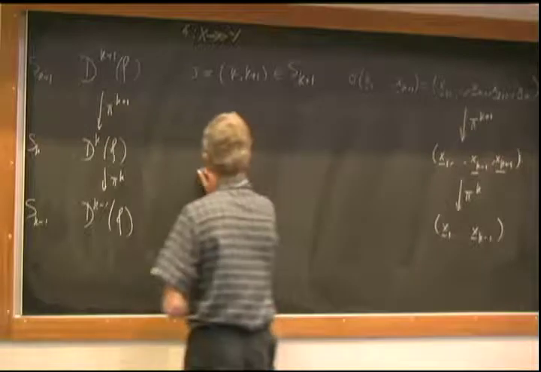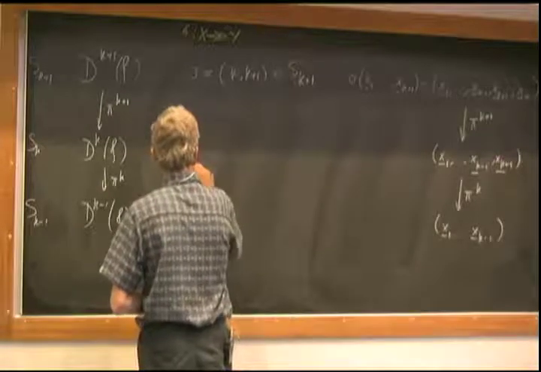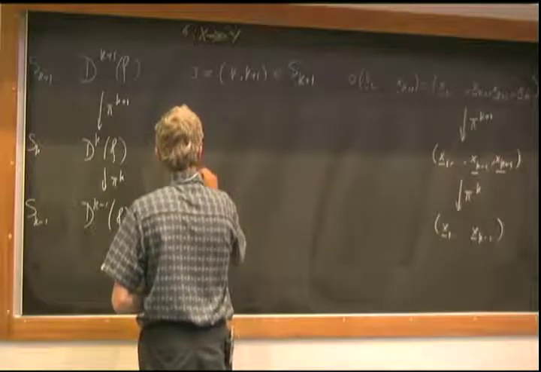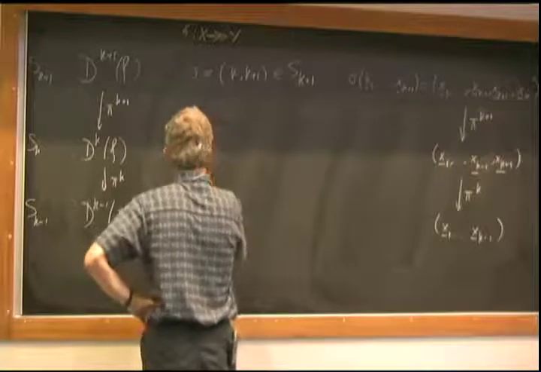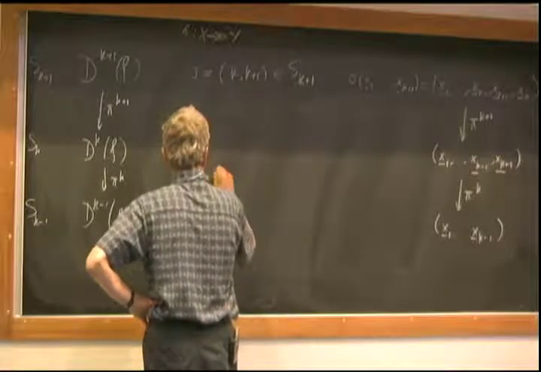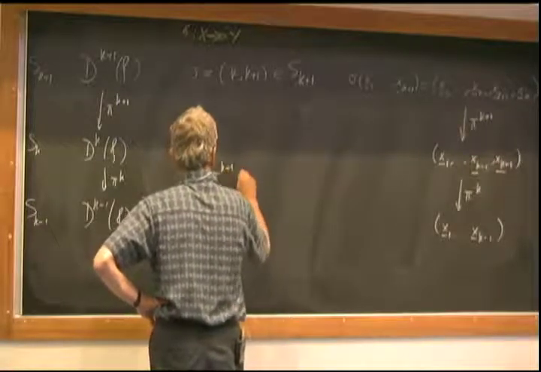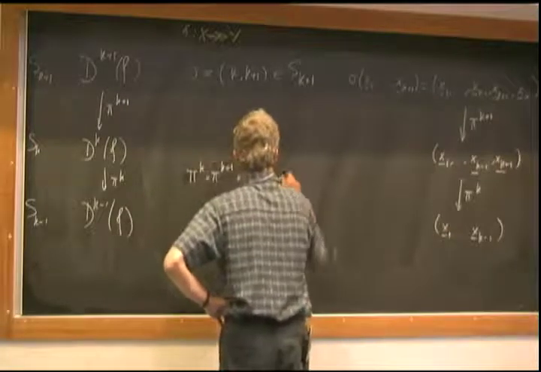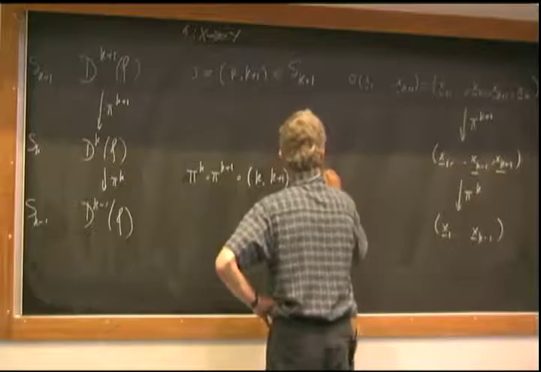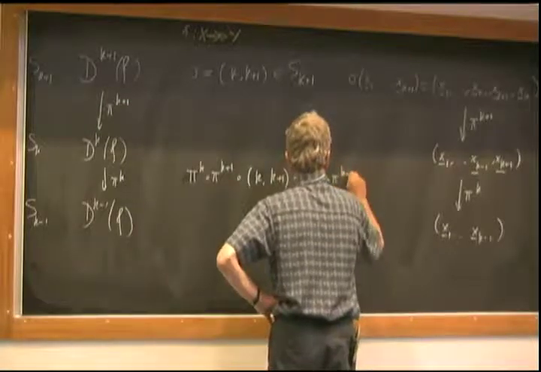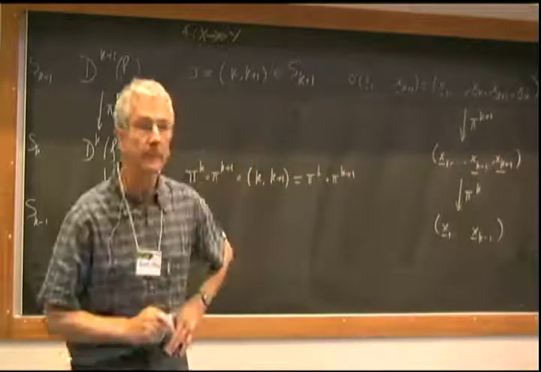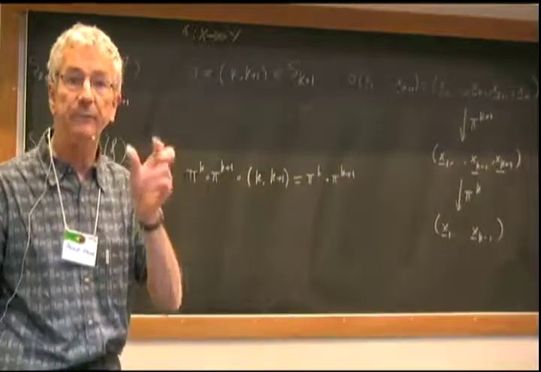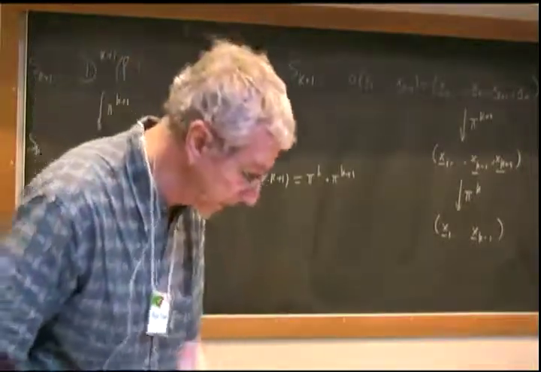So a very simple and obvious fact is that pi_k composed with pi_{k+1} composed with this permutation is equal to pi_k composed with pi_{k+1}. Right? It's a very simple fact, but it has an interesting consequence.